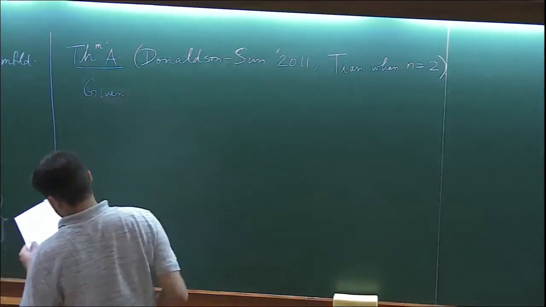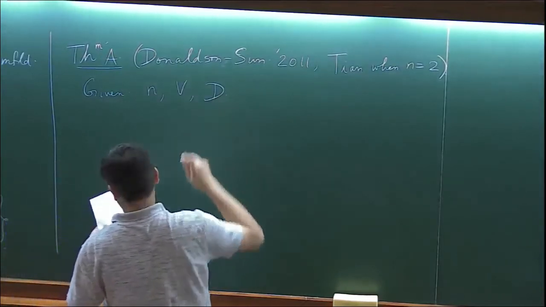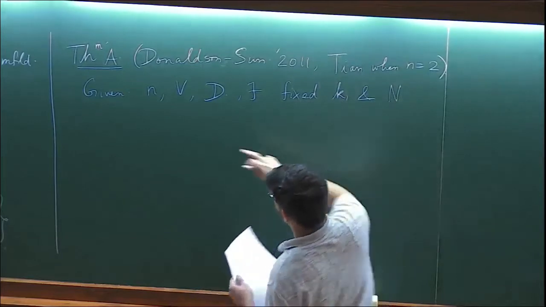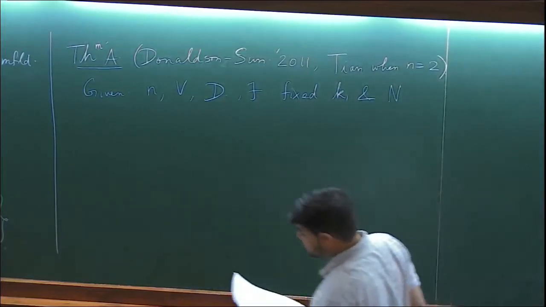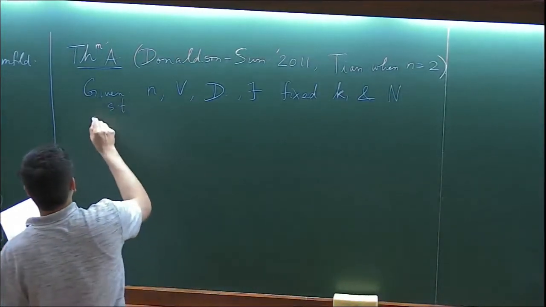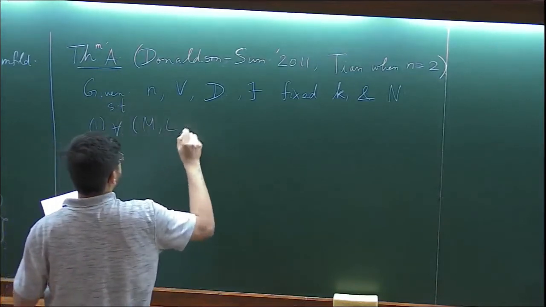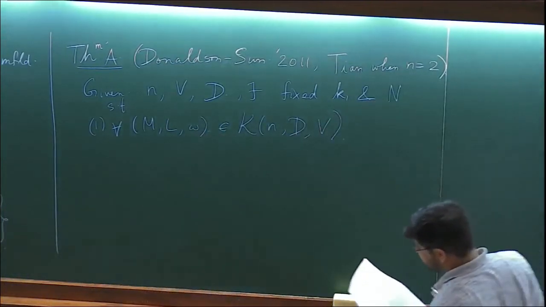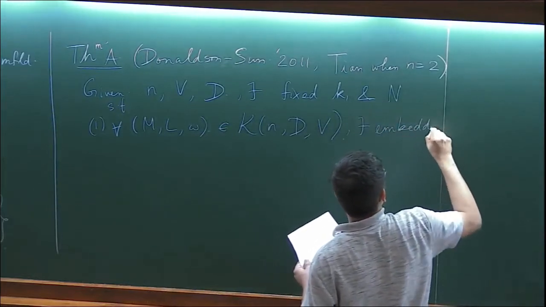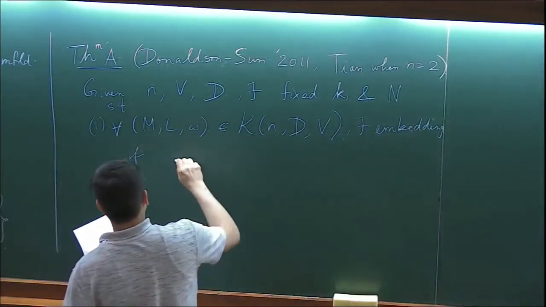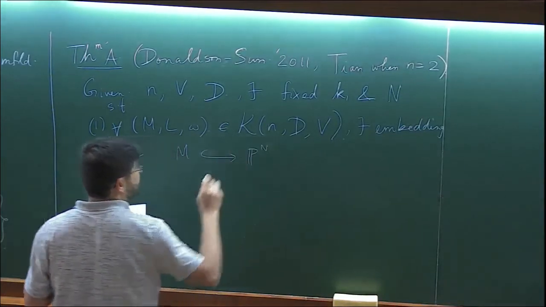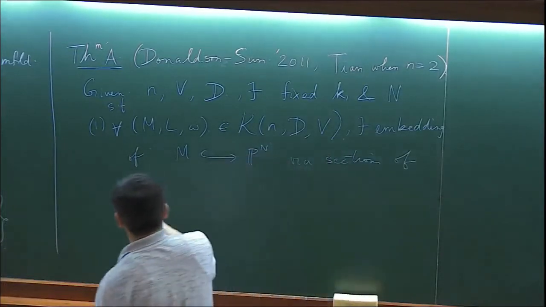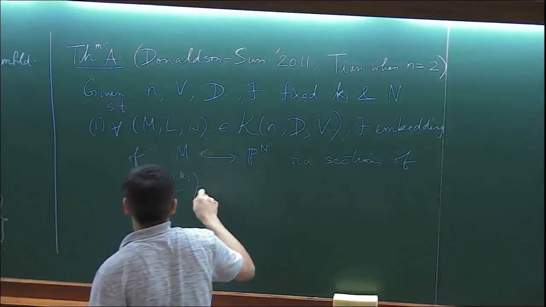So the statement is as follows. Given n, V, and D, there exists a fixed k1 and capital N, of course, depending only on these three parameters, such that for all such tuples, there exists an embedding of M into a fixed projective space via sections of this.